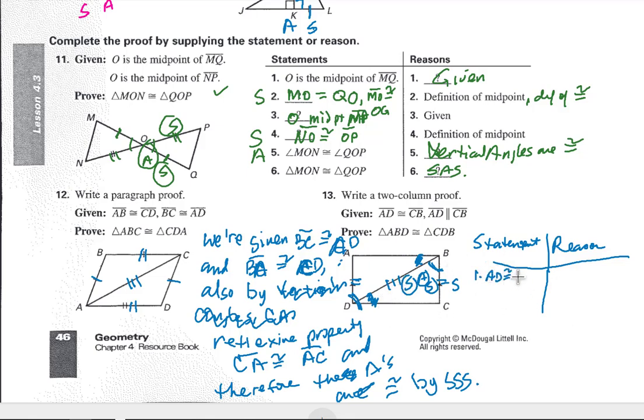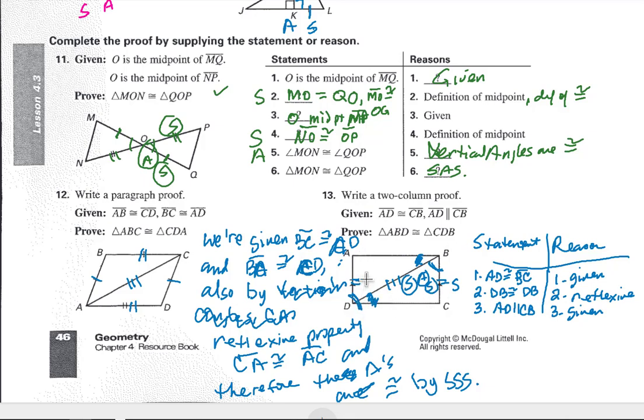That gives us the side angle side pattern. So to get the steps in there, we've got AD congruent to BC. That gives us one of the sides. DB congruent to itself, reflexive. That gives us another one of the sides. We've got to get the angles in there, so we can use alternate interior angles. So AD parallel to CB is given.